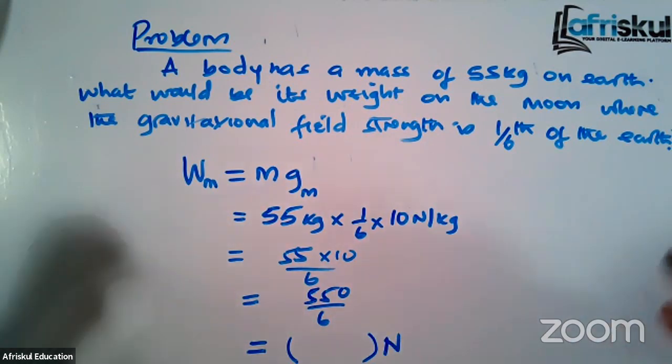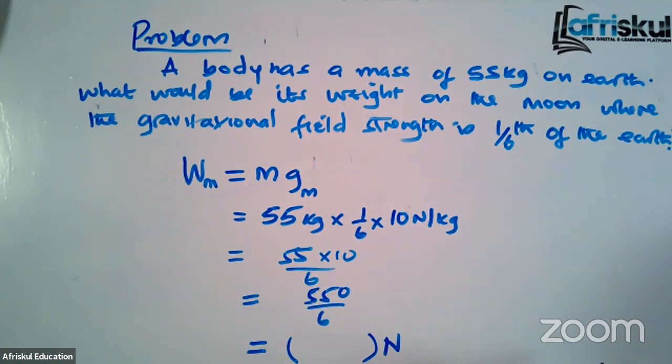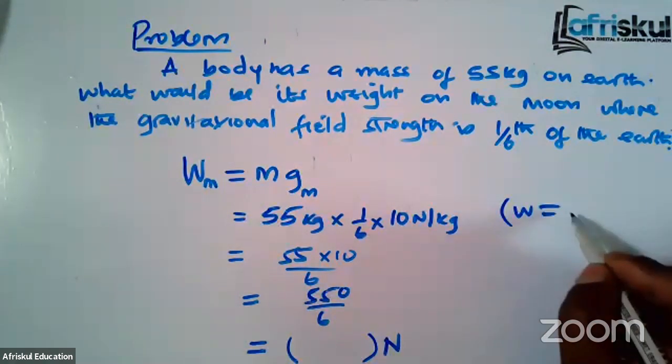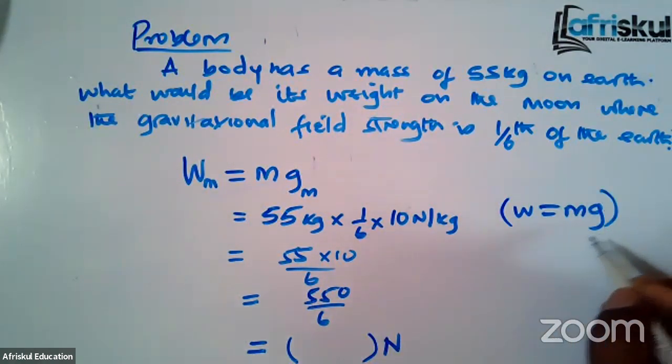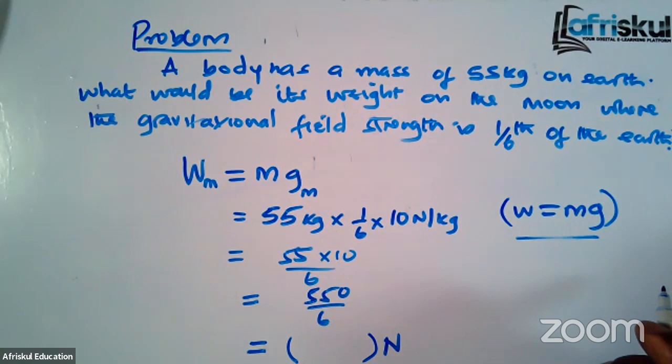So those are the kind of questions that you are tested in. It may come in different ways. Sometimes you may be given the mass, or sometimes you're given the weight, and then you're supposed to find the mass. So you just always use this relation W is equal to mg.